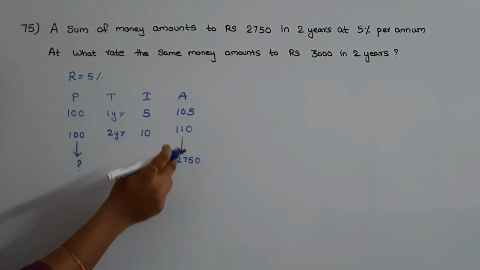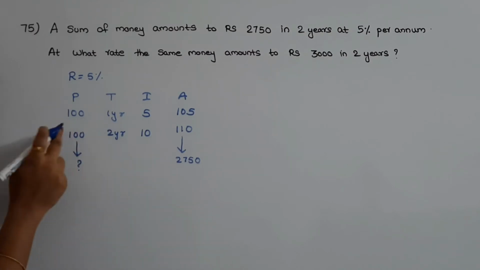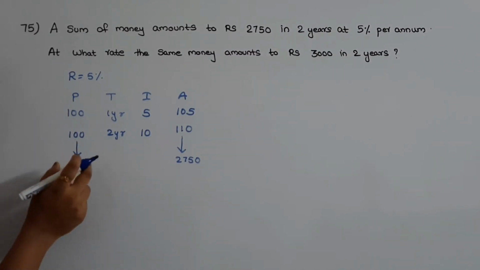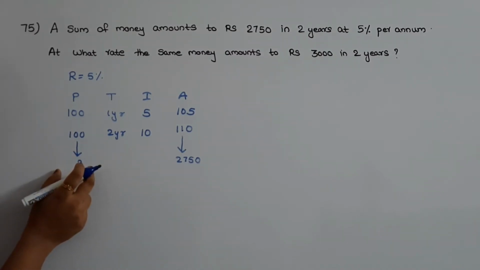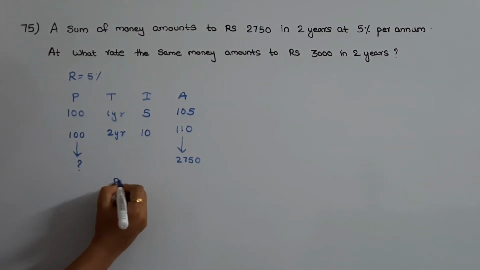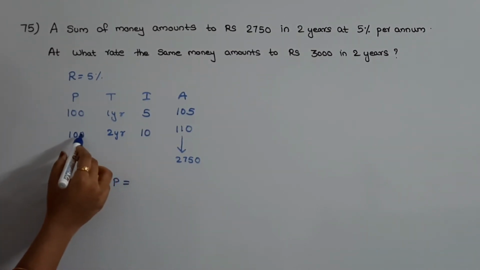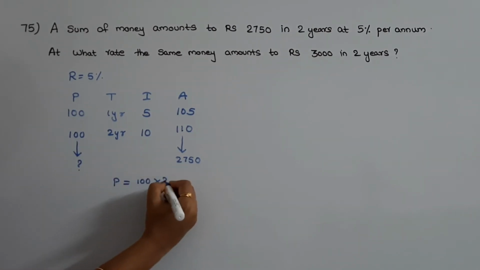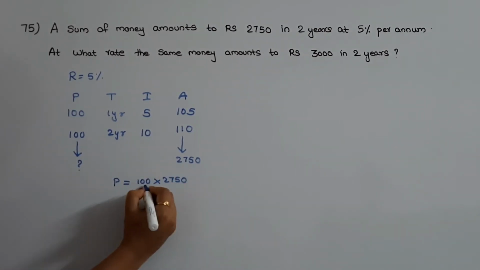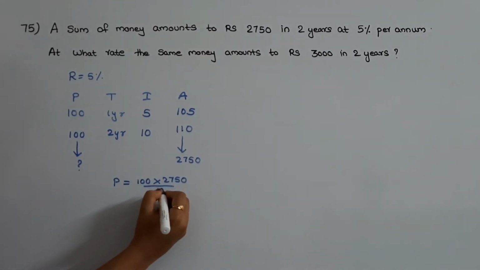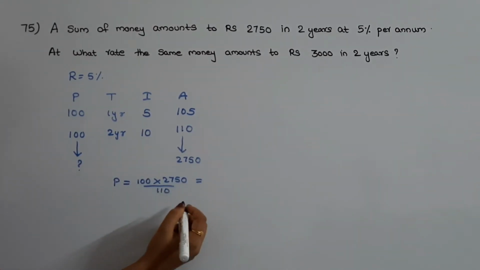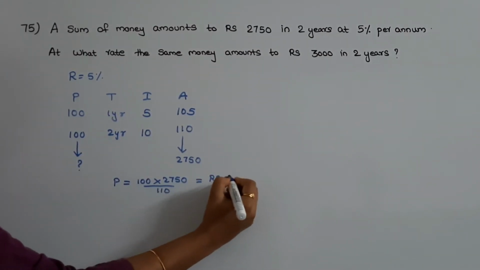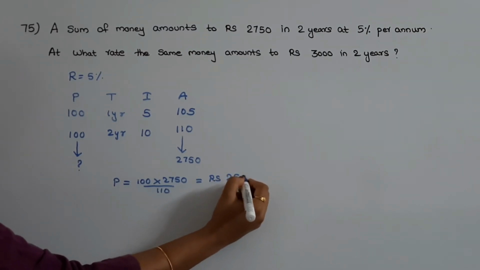If 110 can be written as 2750, how can we represent this 100? On finding this value, we will get the value of the principal. So, principal will be equal to, on cross multiplying, 100 into 2750 divided by this 110 will give you the principal value, that will be equal to rupees 2500.